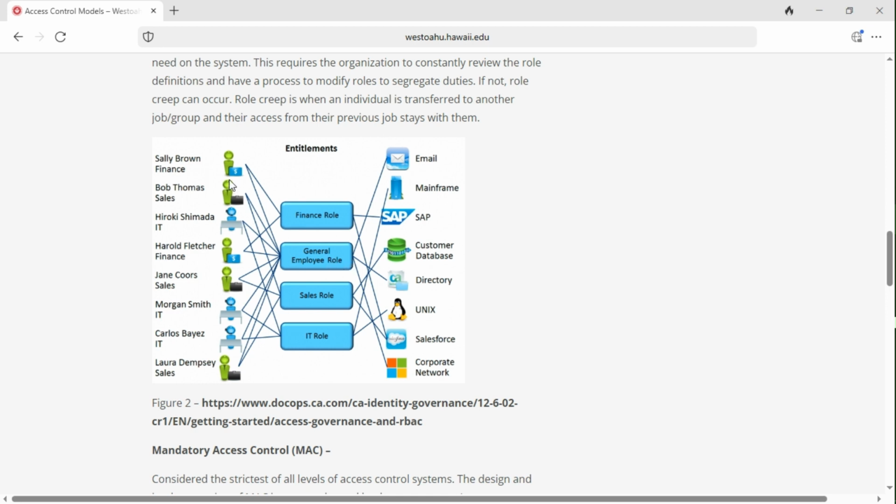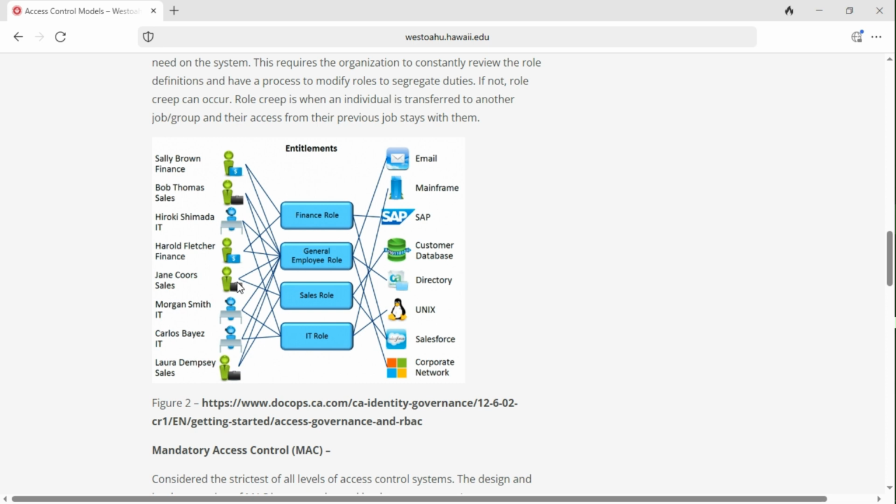As you can see, you have your people on the left, you have your categories in the middle, and you have your tools on the right. Let's just assume that this information right here in the middle, these roles, these categories, these groups were completely removed. That would mean that everybody on the left would have access to all of these tools here on the right if we didn't have a role-based access control.